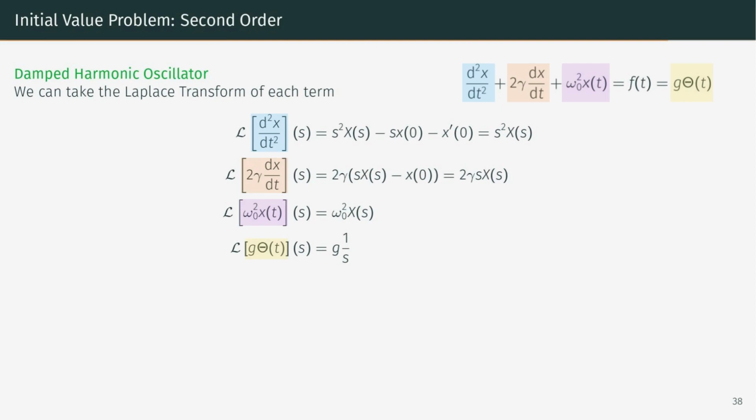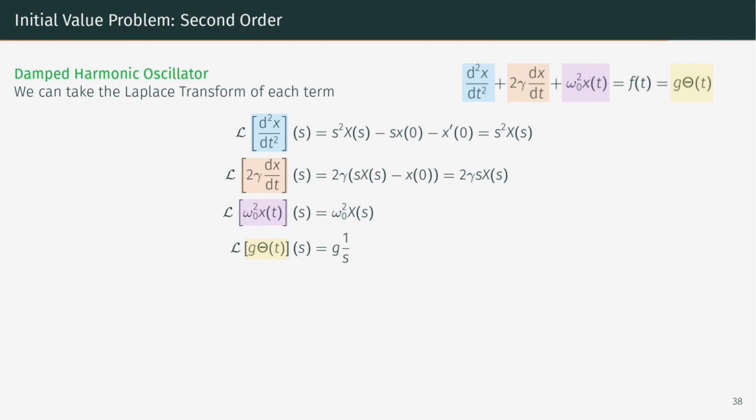Using the equation of motion from the previous slide, we can take the Laplace transform of each term. The Laplace transform of the first term, d squared x over dt squared, shown in blue, equals s squared x of s minus s x of 0 minus x prime of 0, which equals s squared x of s.